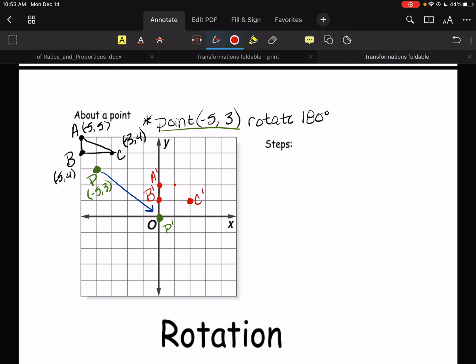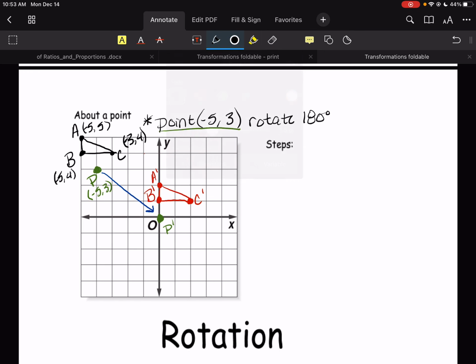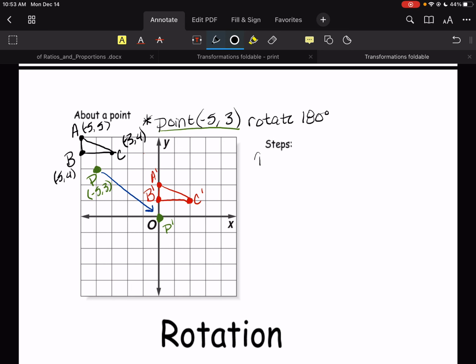So, very first step we do, and sorry that was a little confusing, very first thing that we have to do if we want to write down these steps is translate the point to the origin.